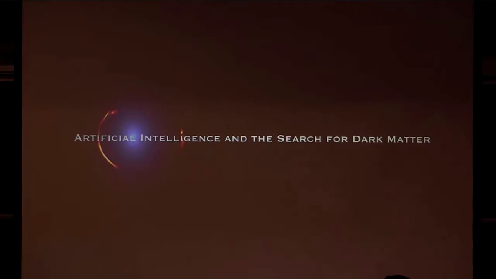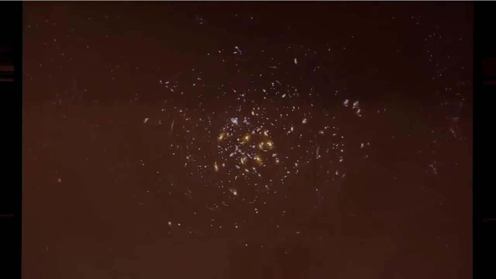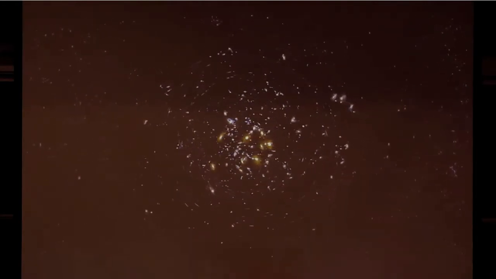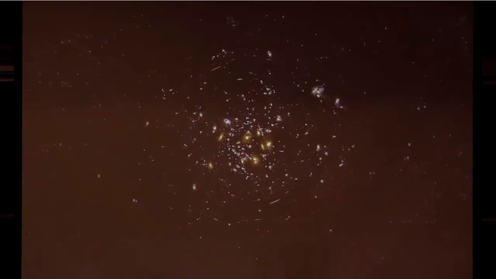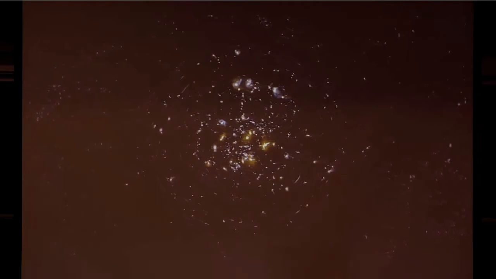Our story begins in the 1930s when an astronomer at Caltech called Fritz Zwicky did something that nobody else had done before. Zwicky looked at clusters of galaxies to measure how fast individual galaxies were moving around the clusters. Clusters of galaxies are groups of hundreds to thousands of galaxies that orbit each other, and what's holding them together is gravity.